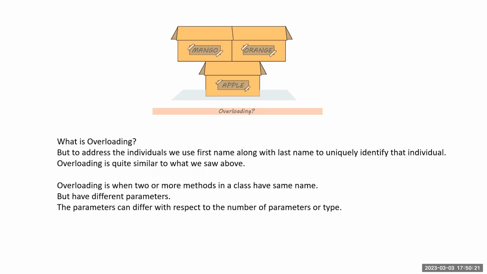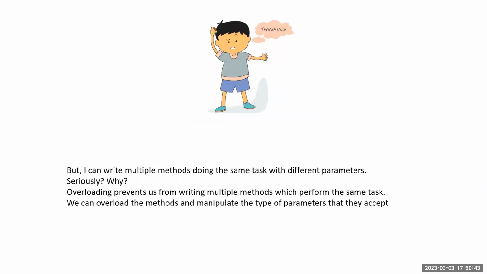Instead of two parameters, we are going to take three parameters, and combinedly give that sum of three numbers back to the client, right? So this is the example of overloading.